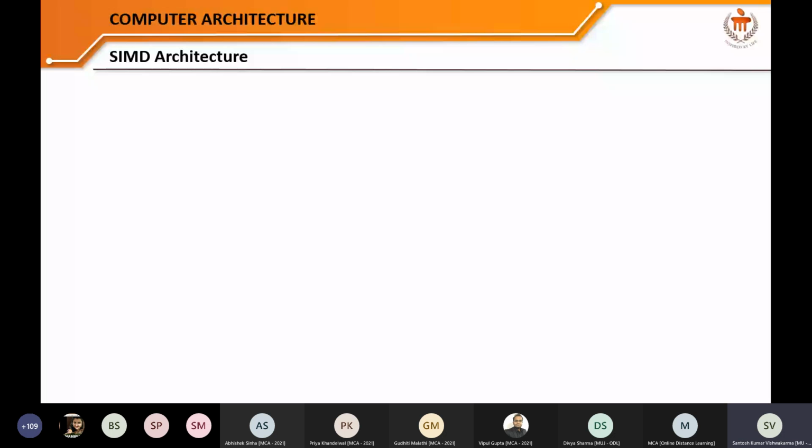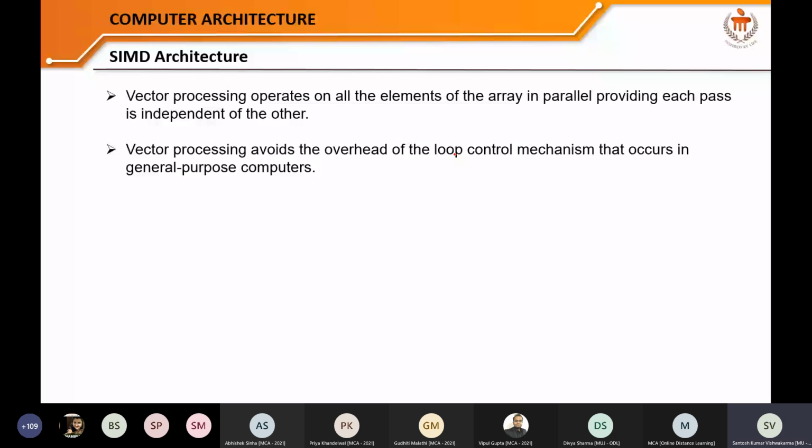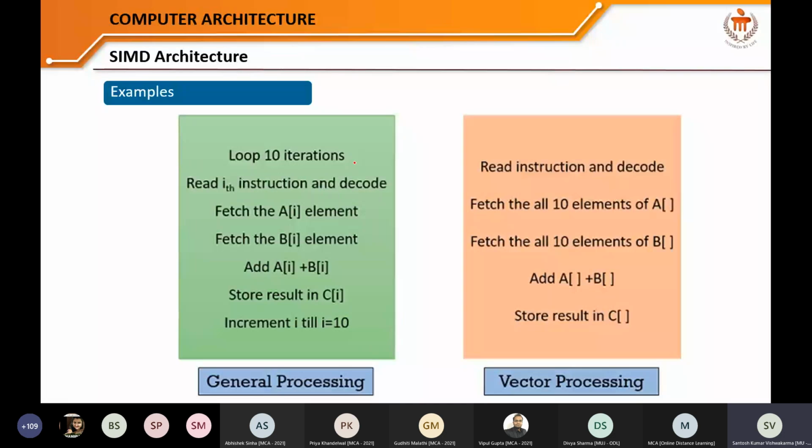Vector processing operates on all the elements of the array in parallel, provided each pass is independent of the other. We also explored that vector processing avoids the overhead of the loop control mechanism that occurs in a general purpose computer. This example was given to you, and I will refer to the same one today.